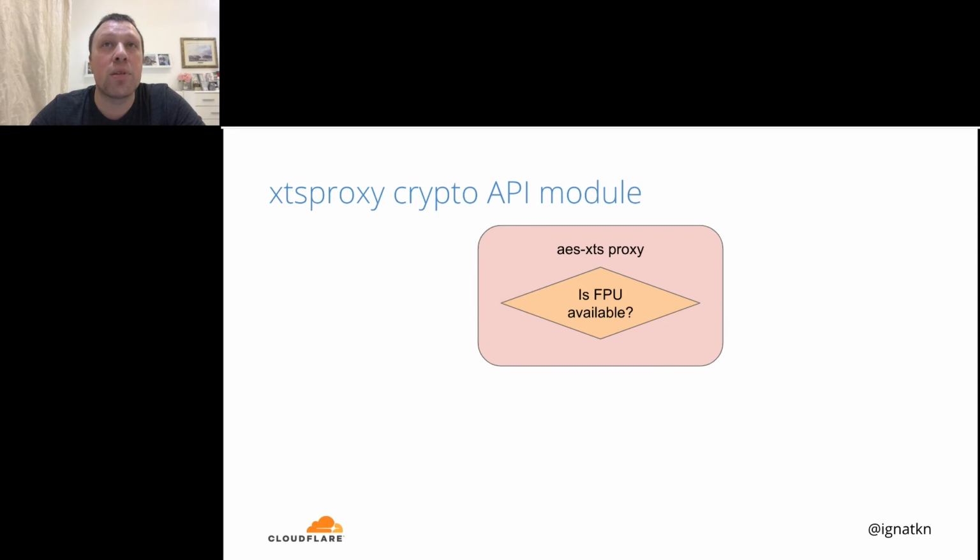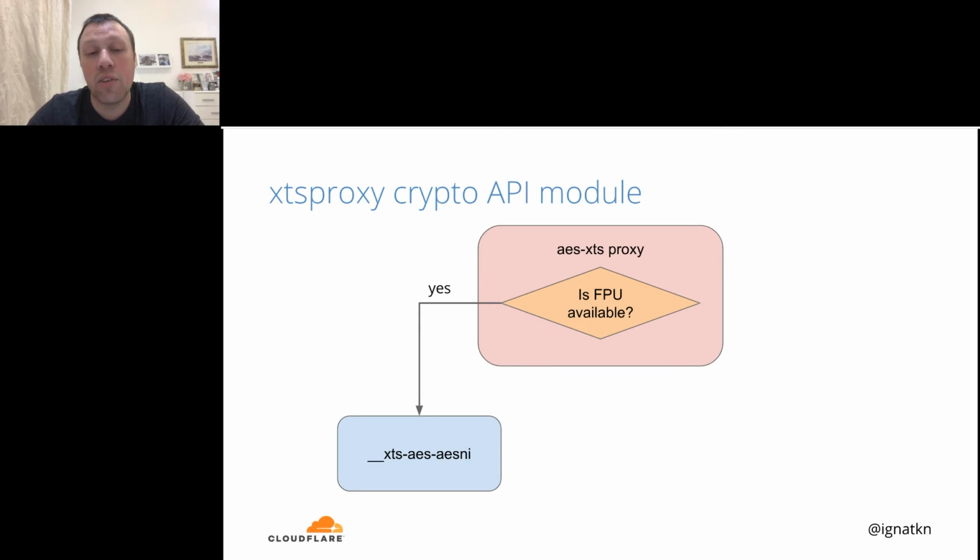If yes, which happens in like 99% of cases, we forward the request to the internal hardware-based AES-NI implementation for our CPU. We can use this internal implementation because we are a crypto API module ourselves and we are allowed to call other internal modules.